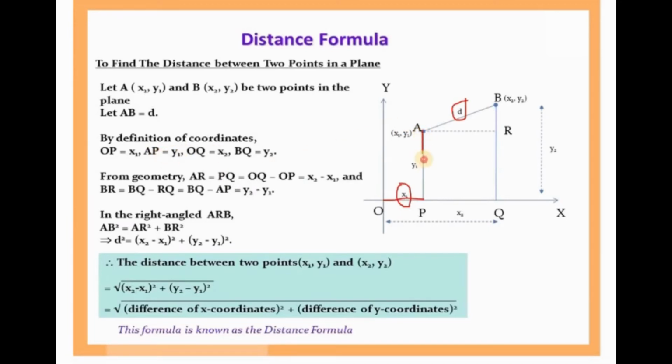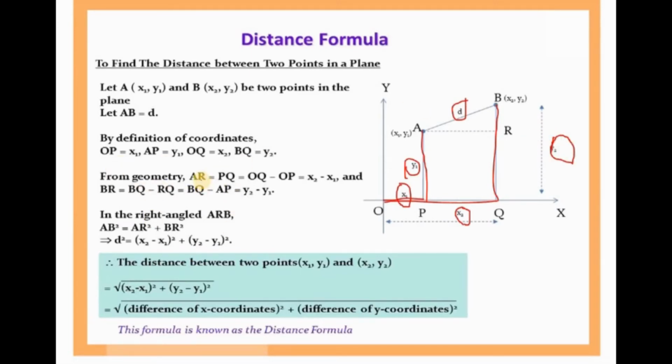The distance AP we will assume as y1, and OQ is x2. The distance from the origin to Q we will assume as x2. BQ equal to y2. The distance from B to Q we will assume is y2.